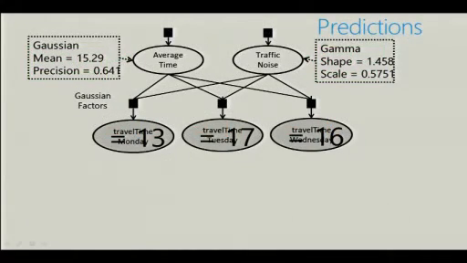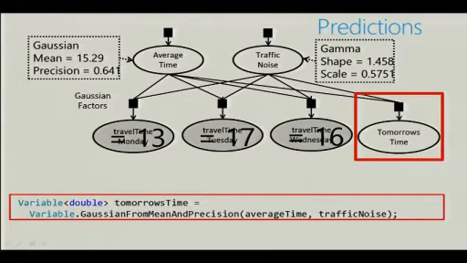So here's where we were. We've trained it on 3 days. We now know an estimate of the average time and the traffic noise distributions. And we can add a 4th travel time, what the time will be tomorrow. And so we create a new random variable. Again, its mean is taken from average time, and its precision from traffic noise.